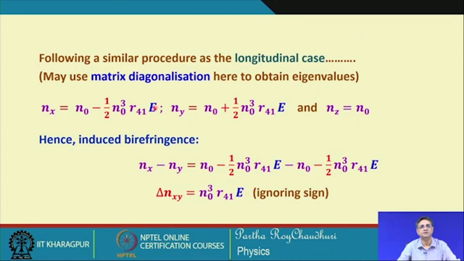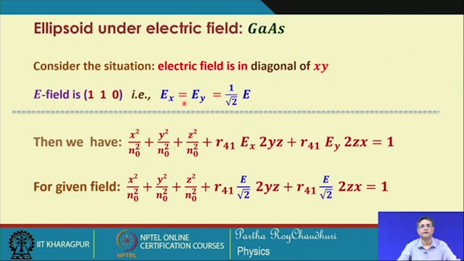So, this E is because of E x root 2, under root 2 into E x, I have written as E, and here also this n y will be equal to this. So, they are correct with the appropriate factor. So, because this is E x, we will have a root 2 if we have to represent this E in terms of E x and E y.